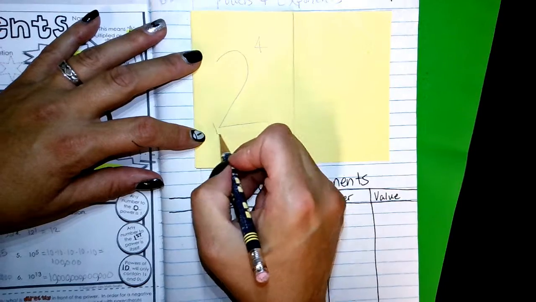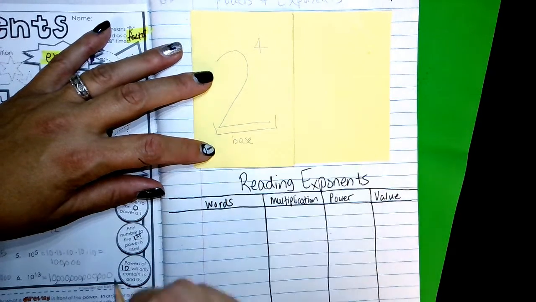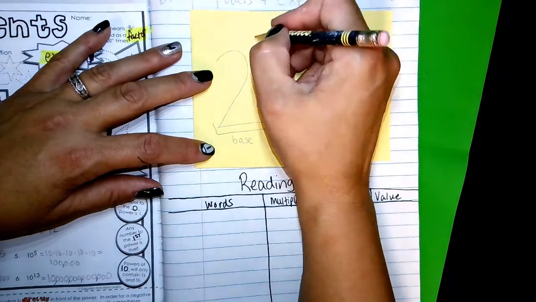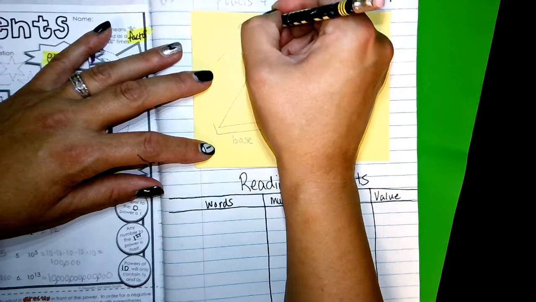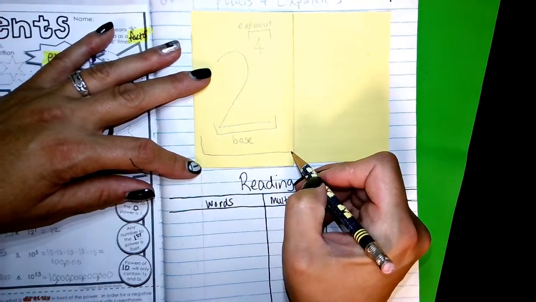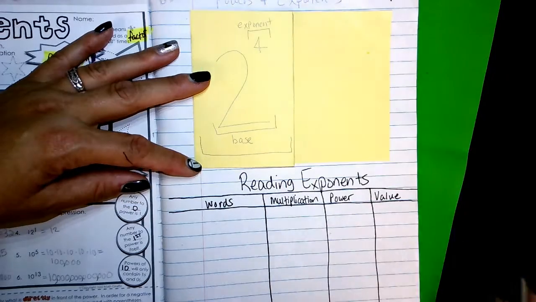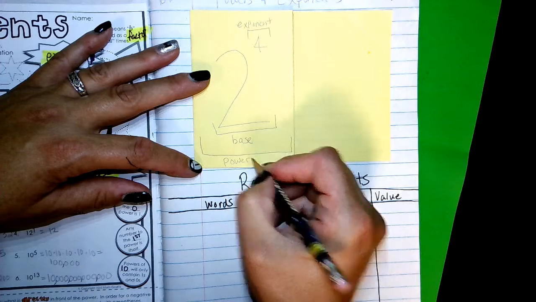So this 2 is our base. This 4 is our exponent. This whole thing, 2 raised to the exponent of 4, is what we call a power.